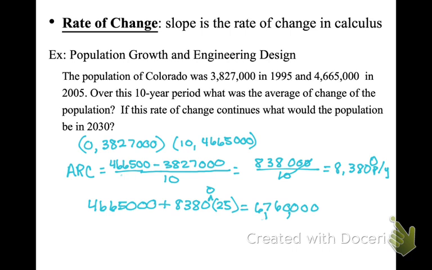That doesn't seem right over 25 years. I was still in my 4 millions, wasn't I? And in 10 years, I almost added a million. So in 25 years, Colorado wasn't Coloradoing. So you do have to stop and check your reasonability. And I crossed out a zero, but then forgot to write the other one. Okay. Am I good?